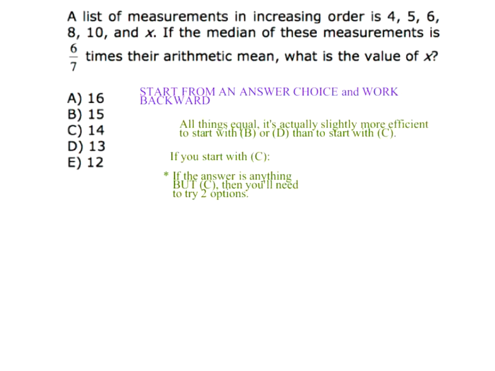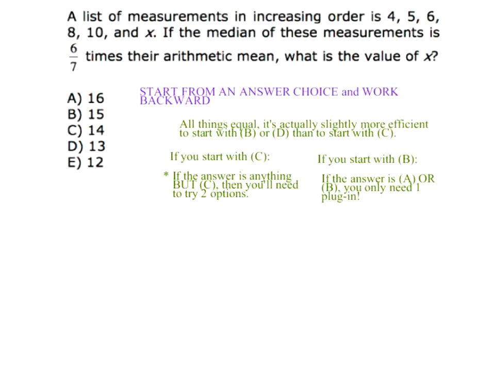Now what's interesting about starting with B, and again, people would not think starting with B would be the winner because it's not as conceptually pretty as starting with C. But when you start with B or D, if you start with B, if the answer is A or B, you only have to plug in once.